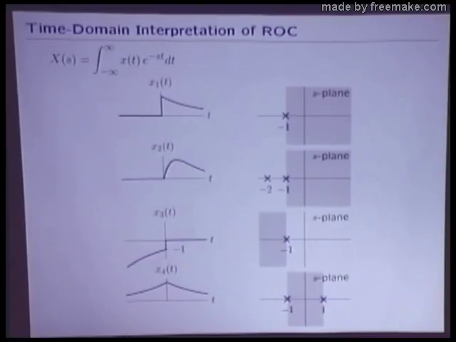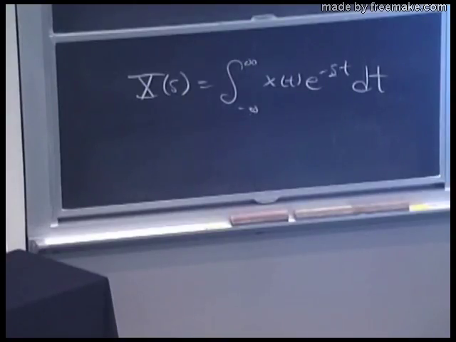What's really going on? Let's start by thinking about what would happen if I considered an s depicted by this red x. I probably shouldn't have used x; I should have used a star. That's not a pole. That's the value of s in this integral. What happens if I choose to integrate against the function e to the minus st where s is 0?